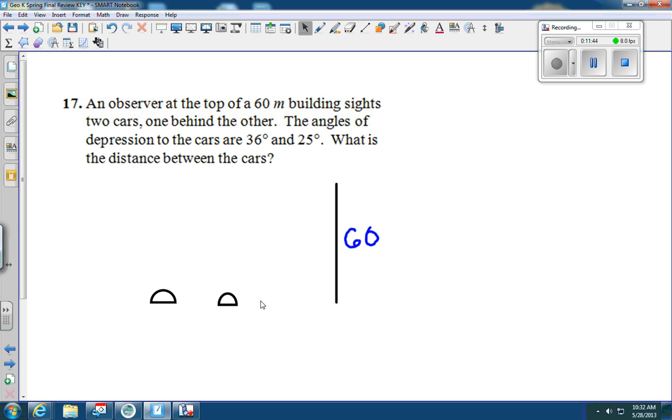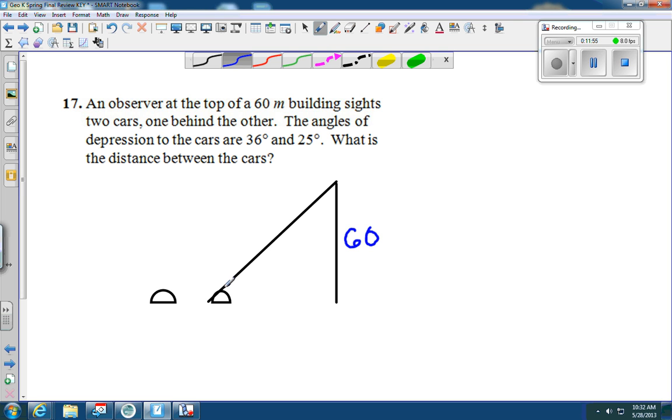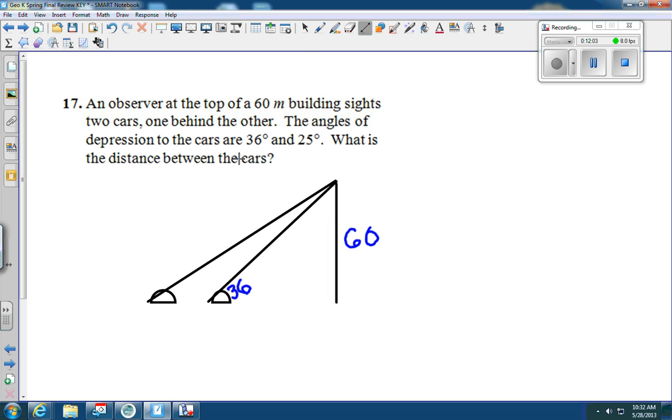The angles of depression to the cars are 36 degrees and 25 degrees. Okay, so from here to here, I'm going to say that this one is 36 degrees. And from here to here is 25 degrees.